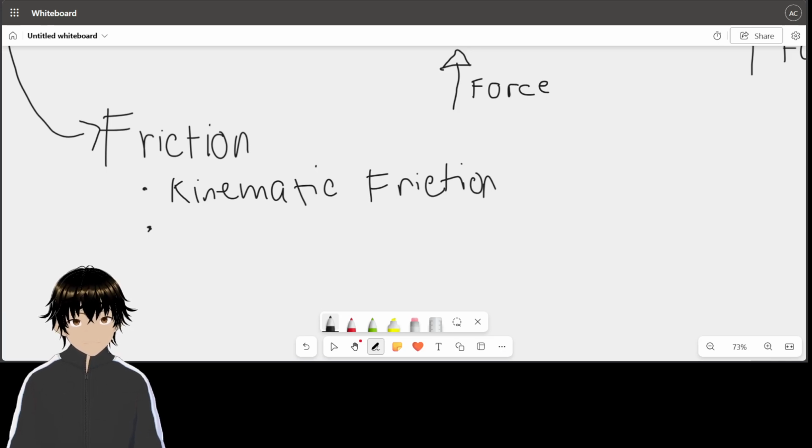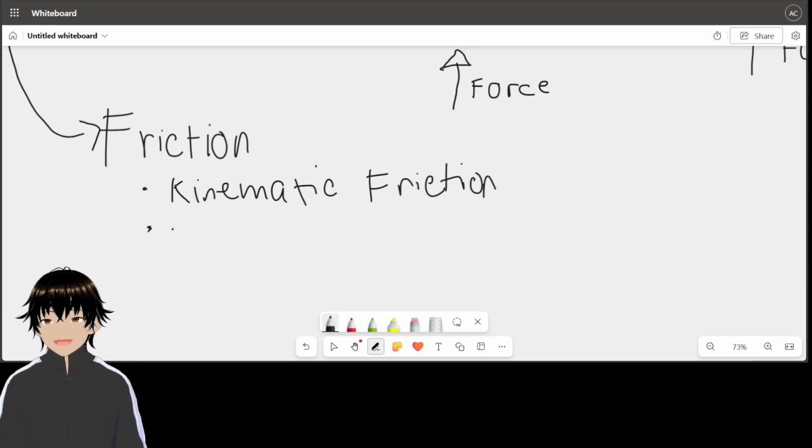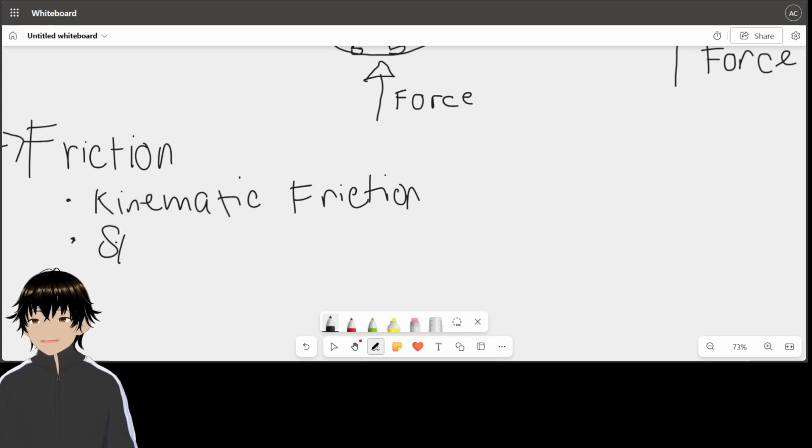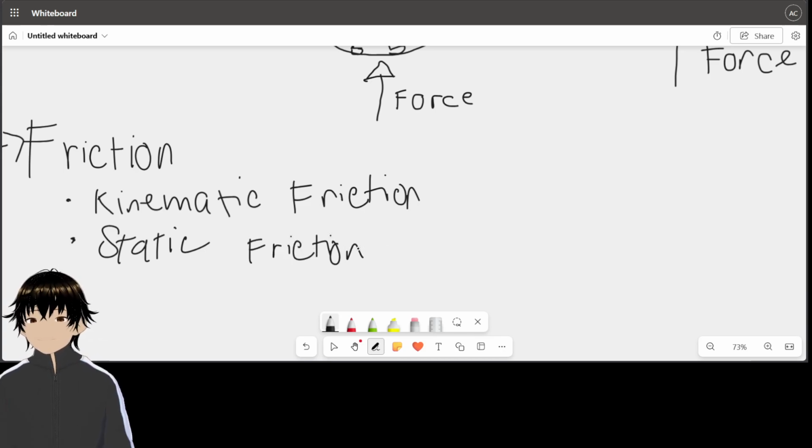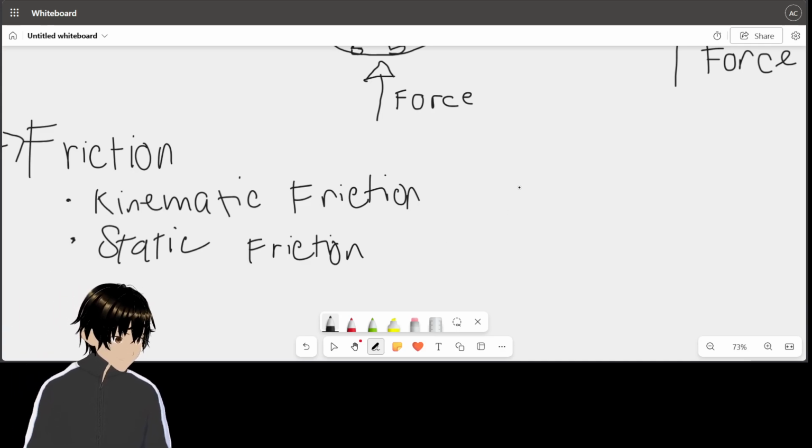So now we have static friction. He mentioned two types of friction. Okay.